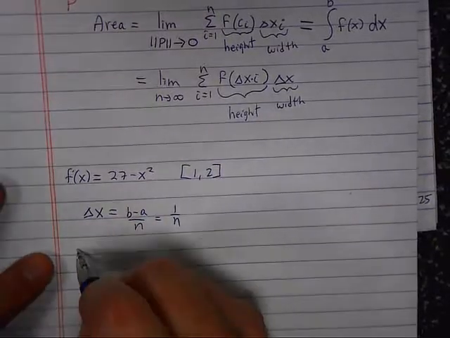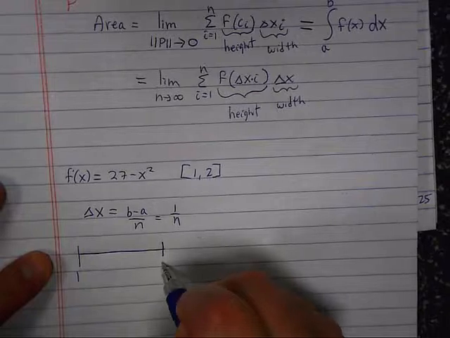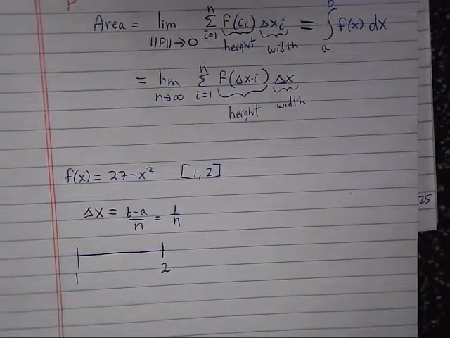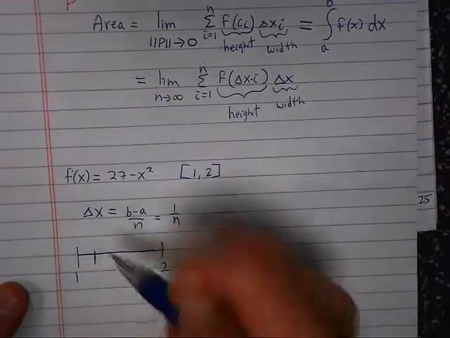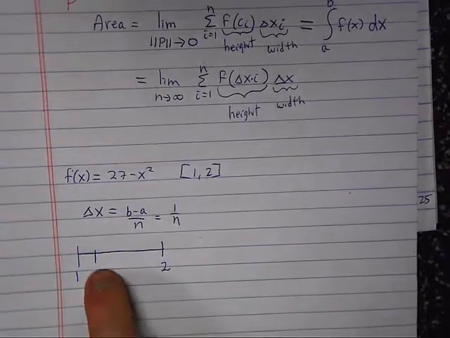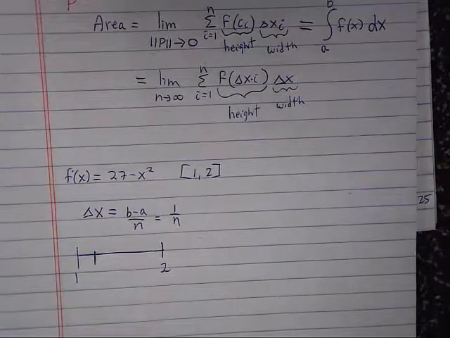But now think about what happens. I start at 1 and I end at 2. When I build my first rectangle, what's the coordinate of that first endpoint right there? 1 point something, okay. True.